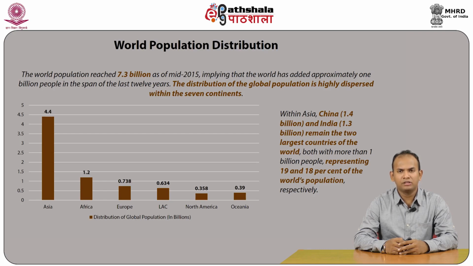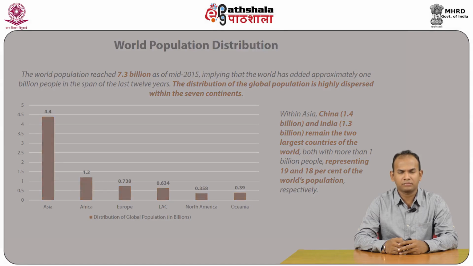Within Asia, China at 1.4 billion and India at 1.3 billion remain the 2 largest countries of the world, both with more than 1 billion people, representing 19 and 18% of the world's population respectively.